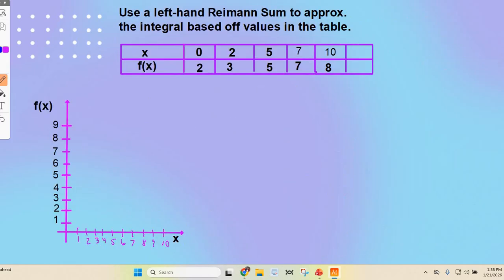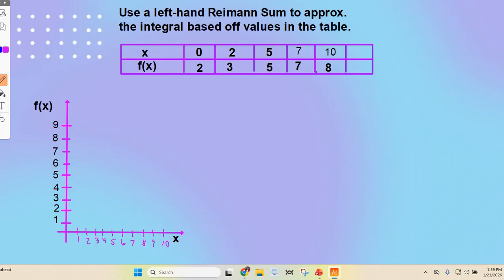This time we're just going to do a left-handed Riemann sum. If you want to draw it out, you can. I don't tend to draw it out if I'm just given a table, just because I think it ends up not being as useful. But if you want to graph it, you can. Again, am I allowed to use any values that are not on my table?